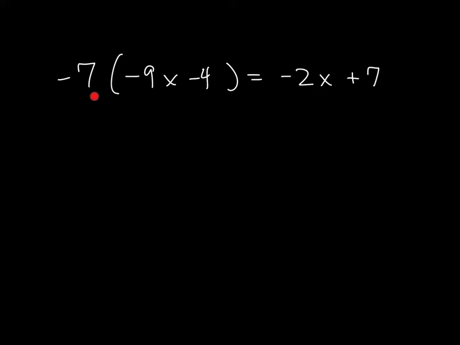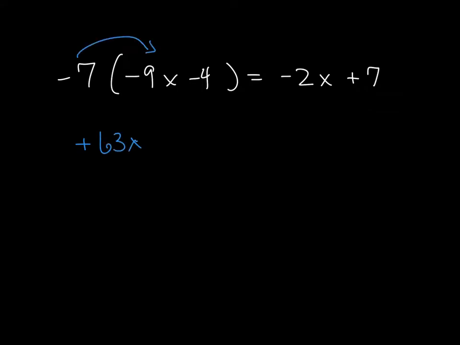The first thing we're going to do is, because we have a grouping symbol of parentheses with a negative 7 out front, I need to multiply it to both terms on the inside of that grouping symbol. So that's the first thing I'm going to do. When I multiply that out, I am left with negative 7 times a negative 9, and that will give me a positive 63x.